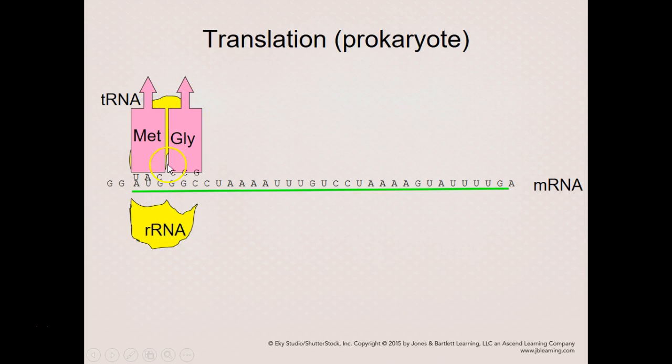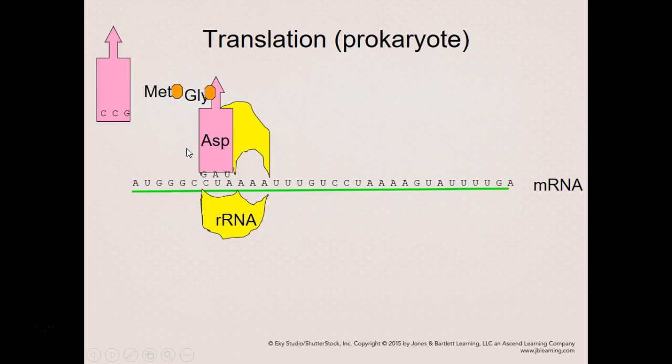I drew this using different figures and stuff, so it looks kind of messy, but here's your 50S subunit, here's your 30S subunit for the ribosome. These are your transfer RNAs, okay, and then this is your messenger RNA. And so here we have methionine and glycine, and now we have asparagine sitting there.